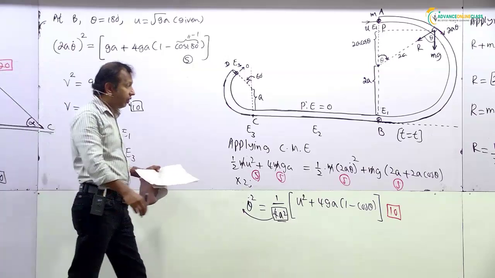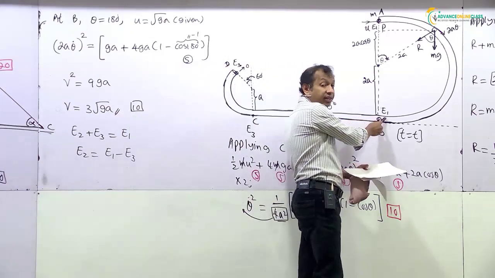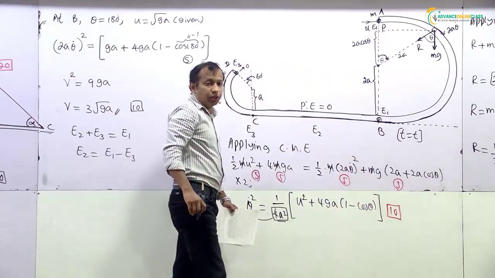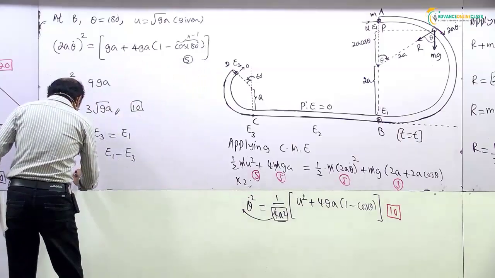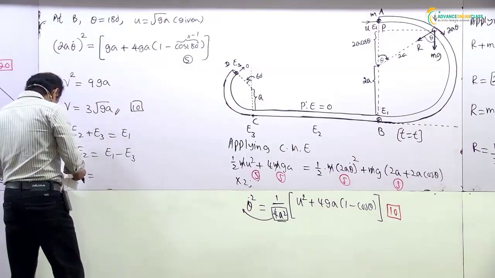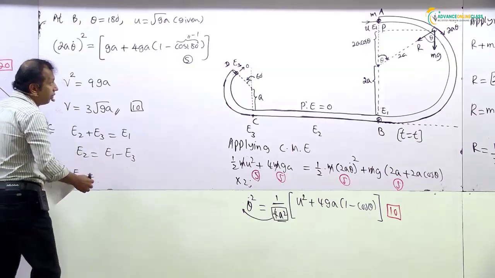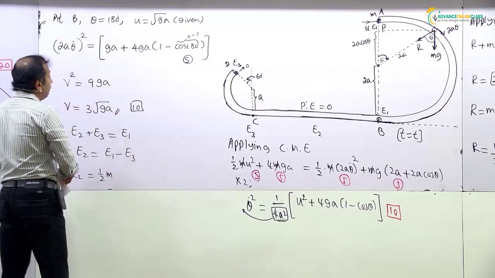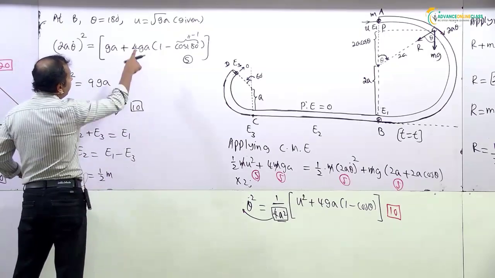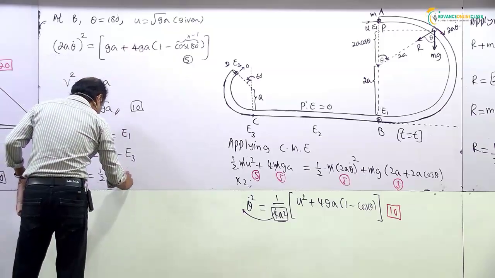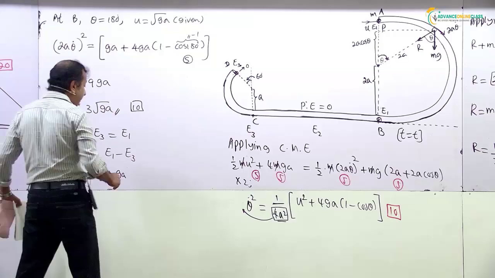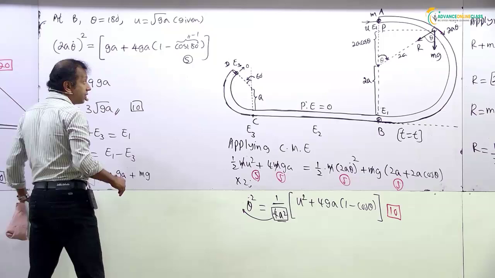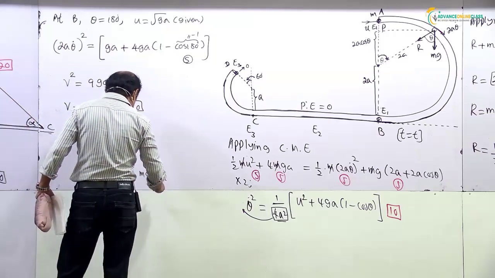E1 means the energy here. That energy is equal to the energy here. Therefore, those two energies we can write now, E2, loss of energy. E1 is half m u squared, u given as root ga, plus mg h, h is 4a, right?